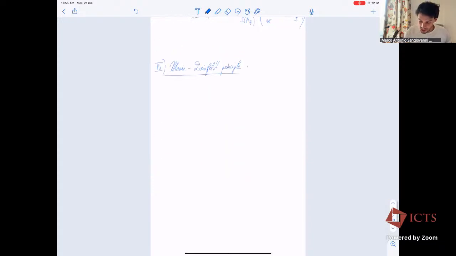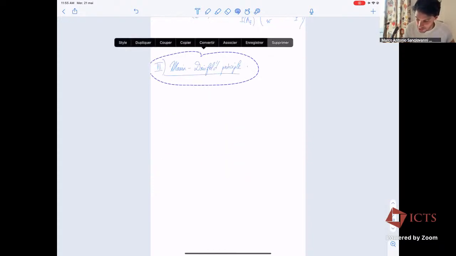So maybe let me check this. If here I have the upper half plane, and here I have my interval from say 0 to 1 for gamma 1. For each point here, you go to the boundary.